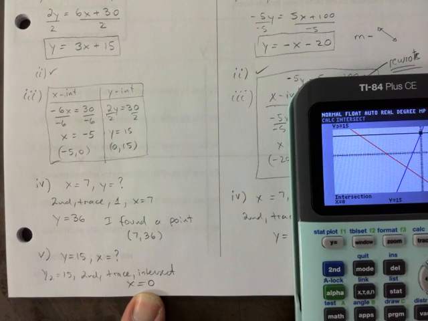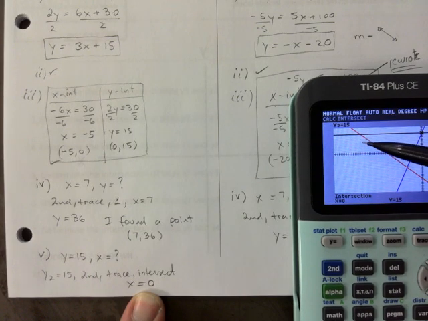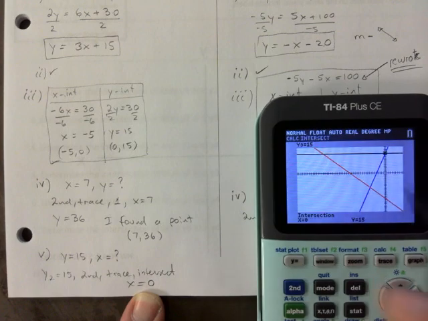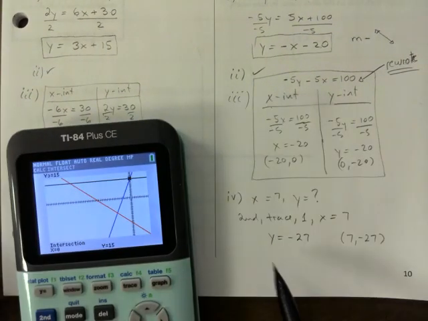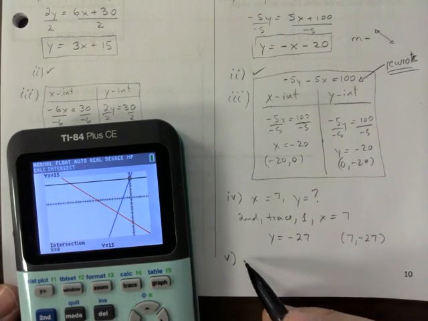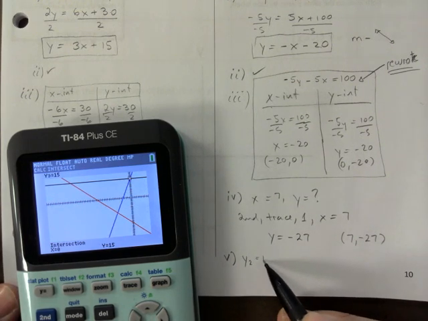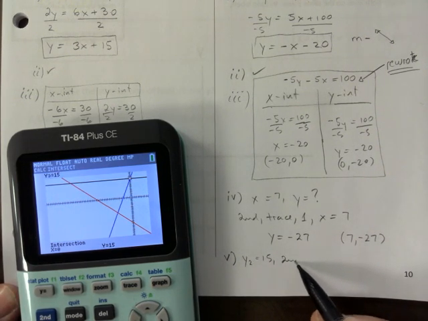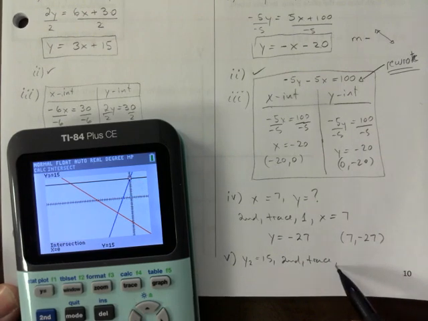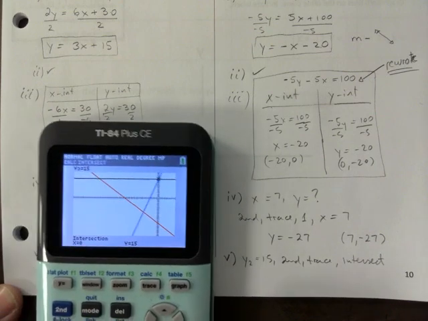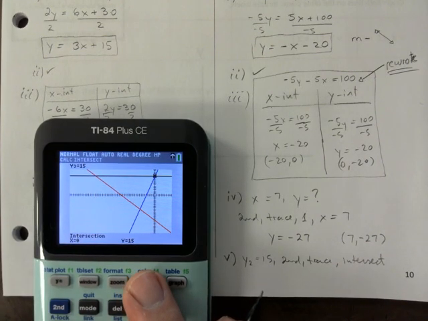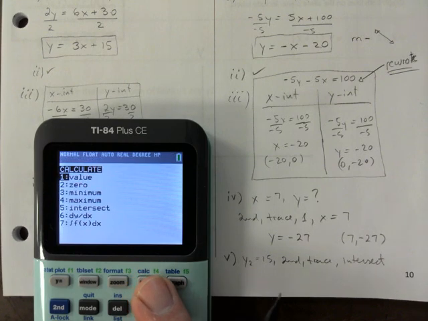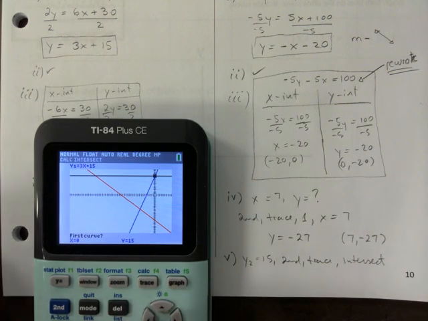And then let's do it one more time so we find the intersection up here. Y is equal to 15, and then what is it for this red line, the second option here? So let's just write this down. Y2 is equal to 15. Second, trace, intersect. In this case, you cannot just find it as easily as the other one. So we got to go second, trace, intersect.